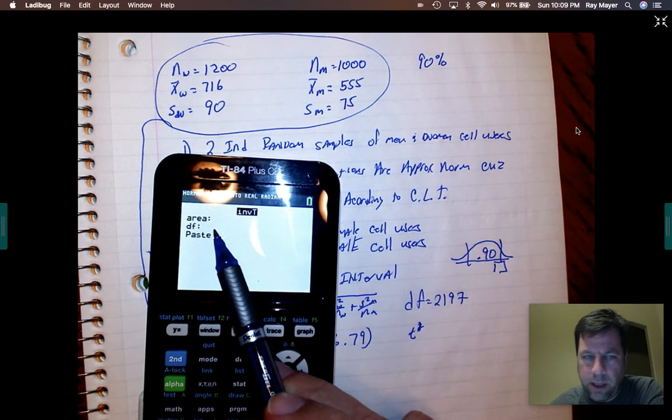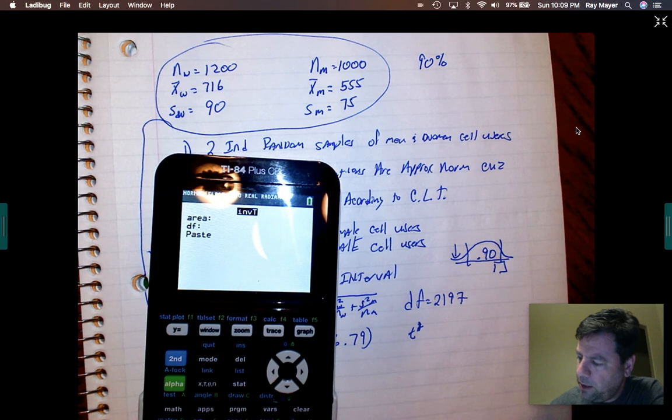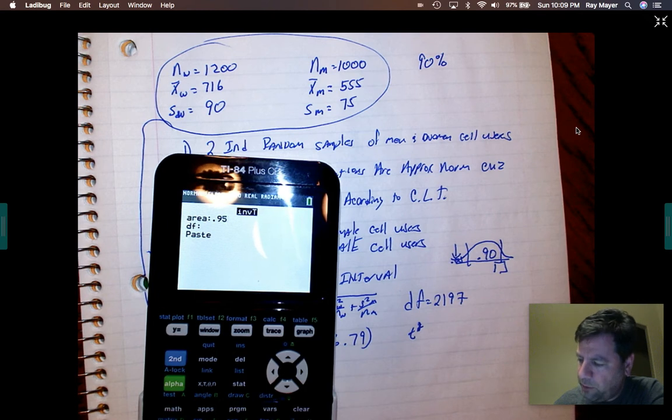My calculator only goes all the way to the left, so I've got to include that little bit right there. And that little bit is 0.05. So I'm going to do 0.95. DF, I'm going to type in that 2197. That's why I need to do my calculations first, so I can get my DF.